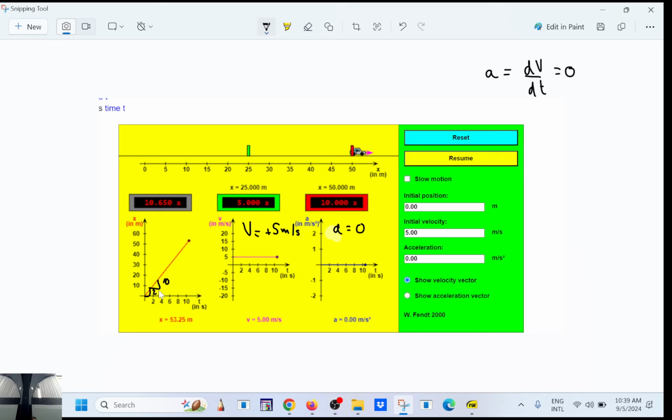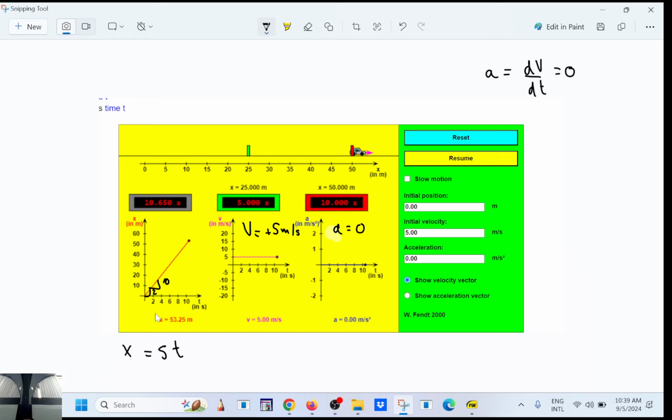That's 5. Do you all agree? Remember algebra? Right? So it's a linear equation, and we're going to write x equals, what's going to be the slope? 5t. Okay? So look at the unit, meter per second.